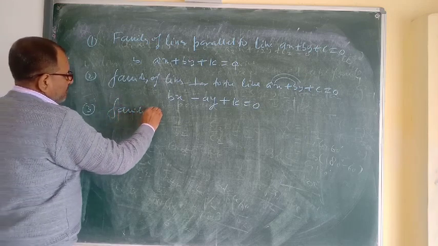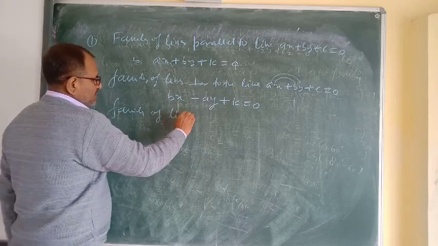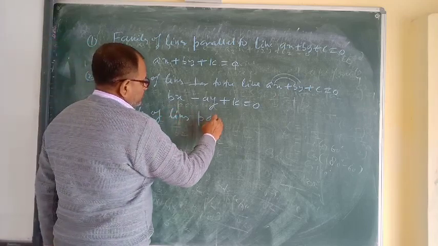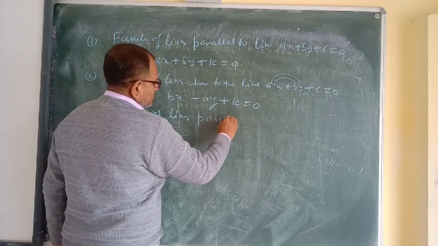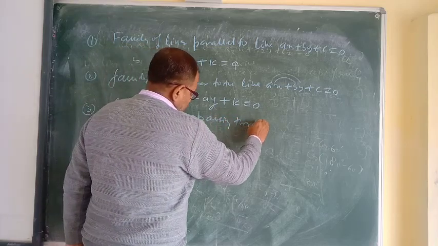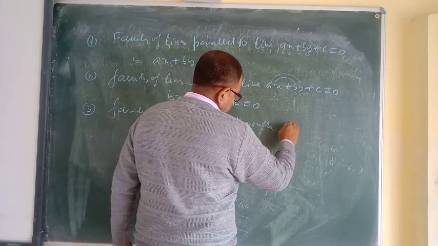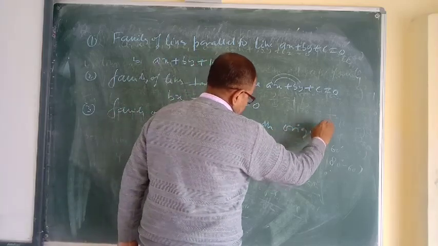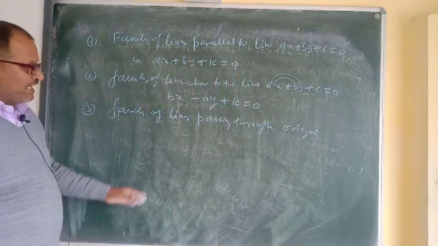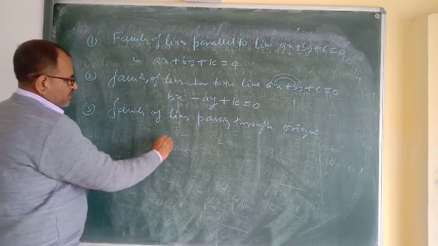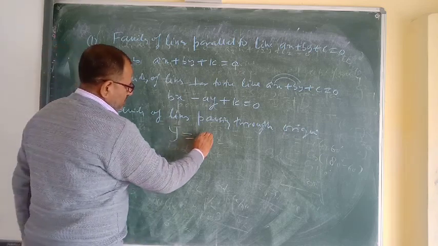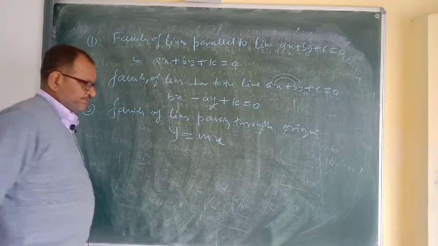Next, family of lines passing through origin. So what is the family of lines passing through the origin? y is equal to mx.